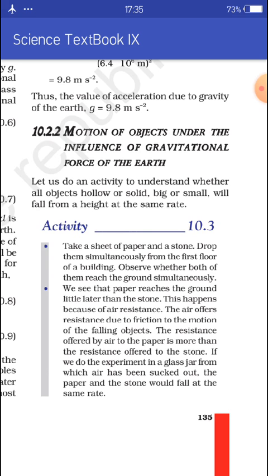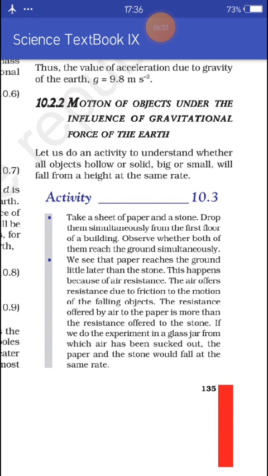The next topic, 10.2.2, motion of objects under the influence of the gravitational force of the earth. Let us do an activity to understand whether all objects, hollow or solid, big or small, will fall from a height at the same rate.